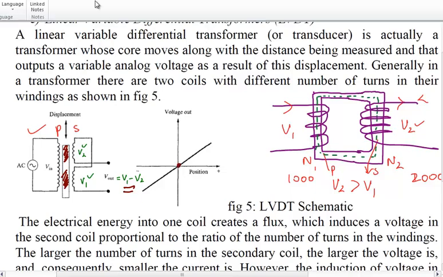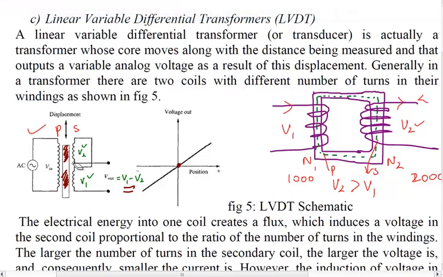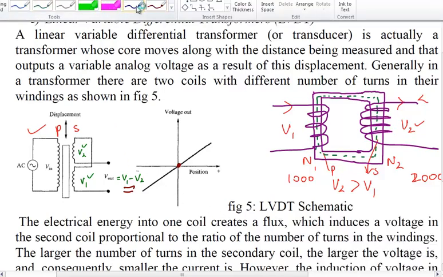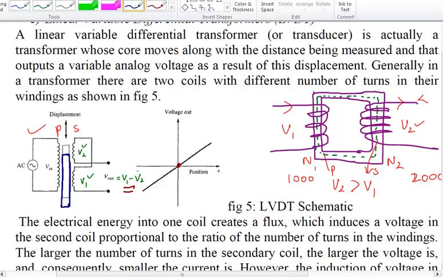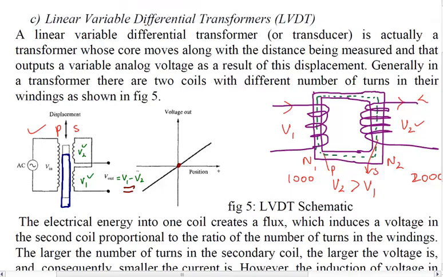Now suppose we pull this one a little bit down, that means instead of being here, suppose the core rod comes a little down, okay. So now what has happened is the amount of volume of the core that is there in the secondary and the amount of core that is there in the primary, both of these are different.